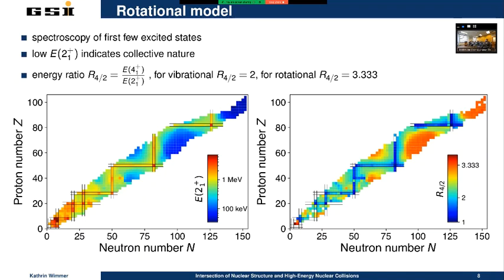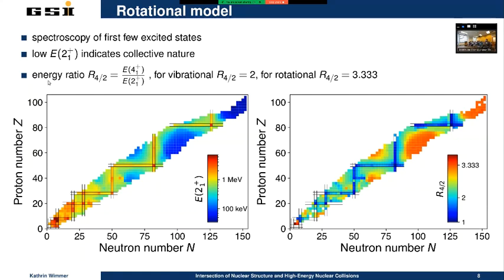So then if one assumes a rotational model, then the spectroscopy of the first few excited states is enough to get a good idea about the deformation of the nucleus. The excitation energy of the first 2+ state, if it's very low, indicates a collective nature, so deformation.